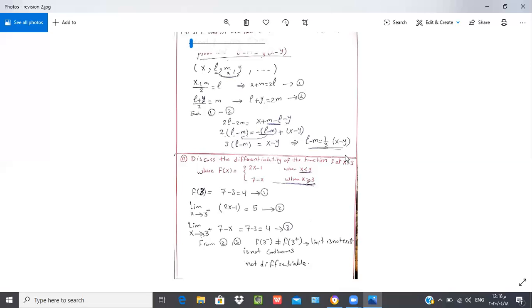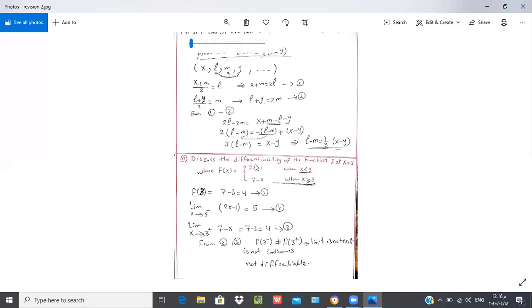Here, the second one, he said, discuss the differentiability of the function f at x equal 3. This function is very easy. I just make it to revise the differentiability. Here, if I want to discuss the differentiability, first I will check if it is continuous or not. If it is continuous, I will check differentiability.